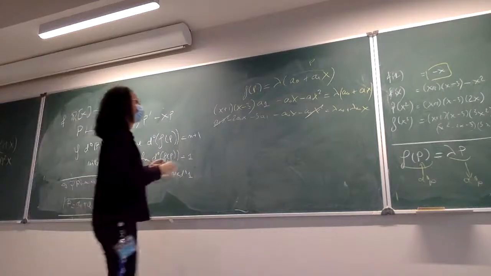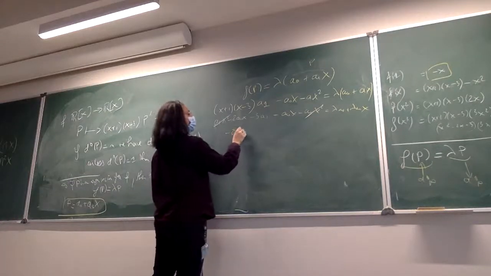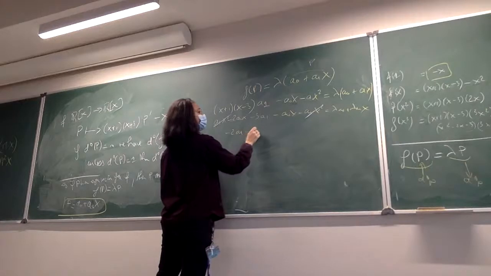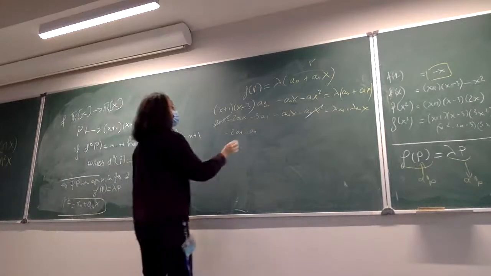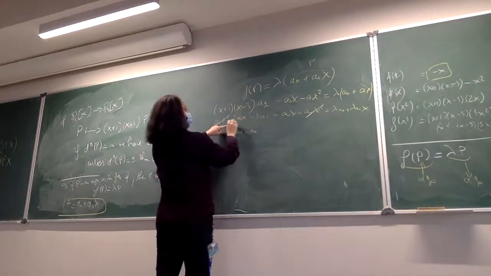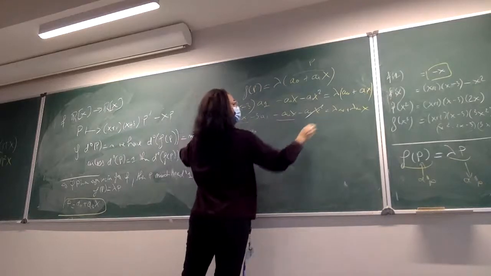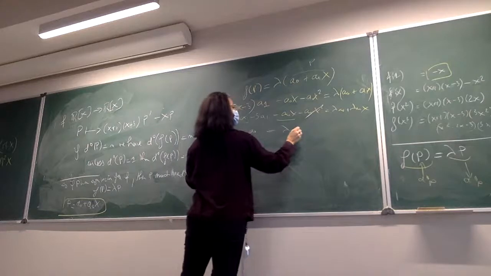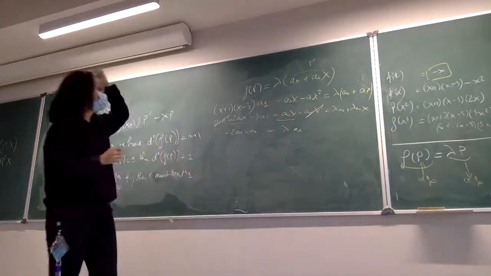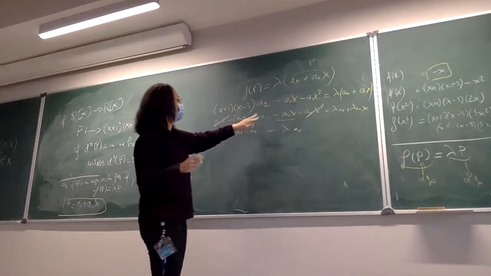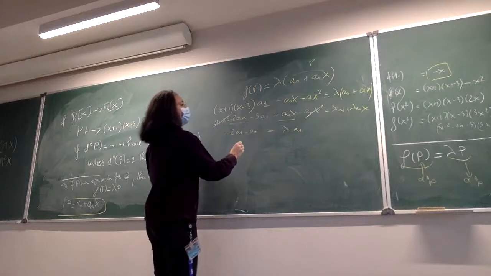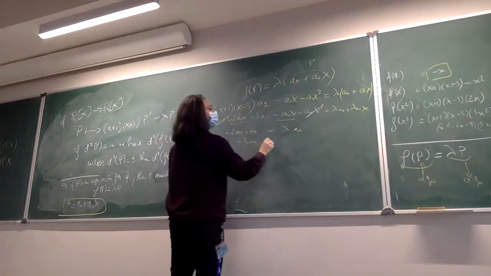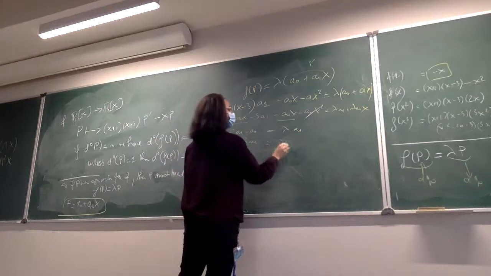And we have minus 2 a1 minus a0 is equal to lambda a1. And for the constant terms, what do I get? Minus 3 a1 is equal to lambda a0.